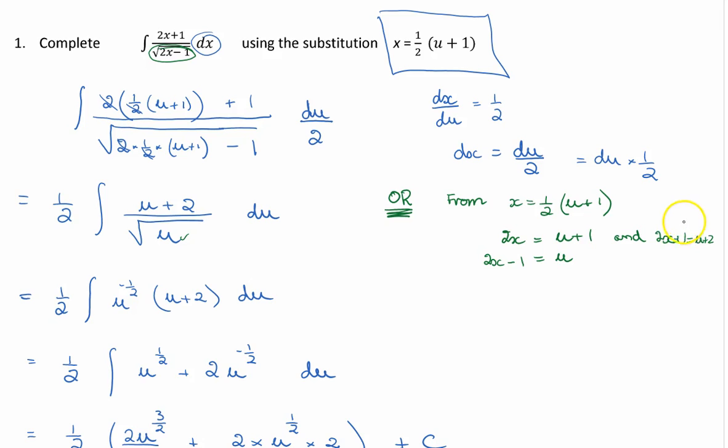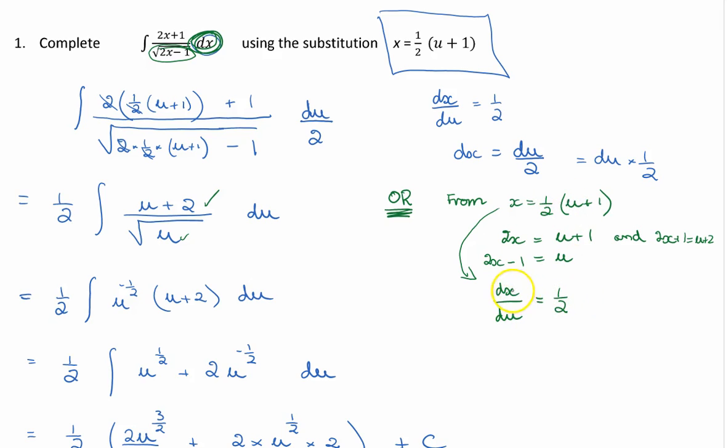So now I have an expression for the top. 2x plus 1 becomes u plus 2, which is what we had there. And the other thing that I have to get a replacement for is my dx. Now, what would dx/du be? dx/du would be equal to a half.